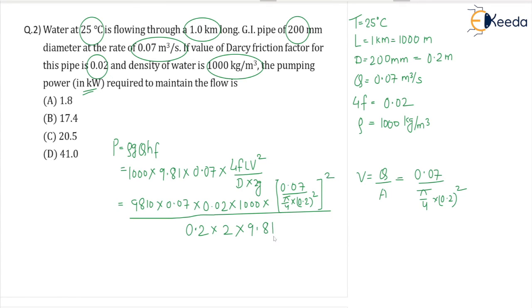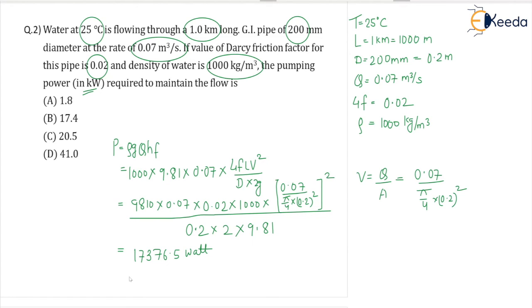It's a big equation, but if you solve this equation, you will get the value of power equal to 17376.5 watt. You will get it in watt, and you have to convert into kilowatt.